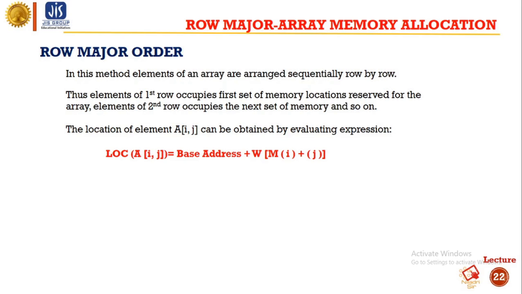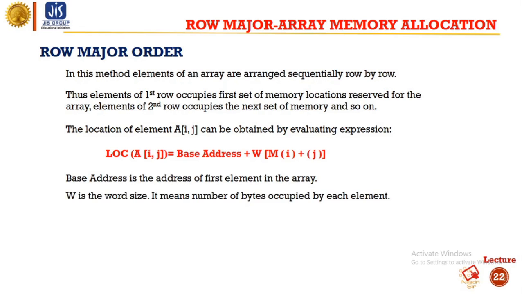So if we put these values, we can get all the values here. The base address is basically the address of the first element in the array. W is the word size, that means the number of bytes occupied by each element.